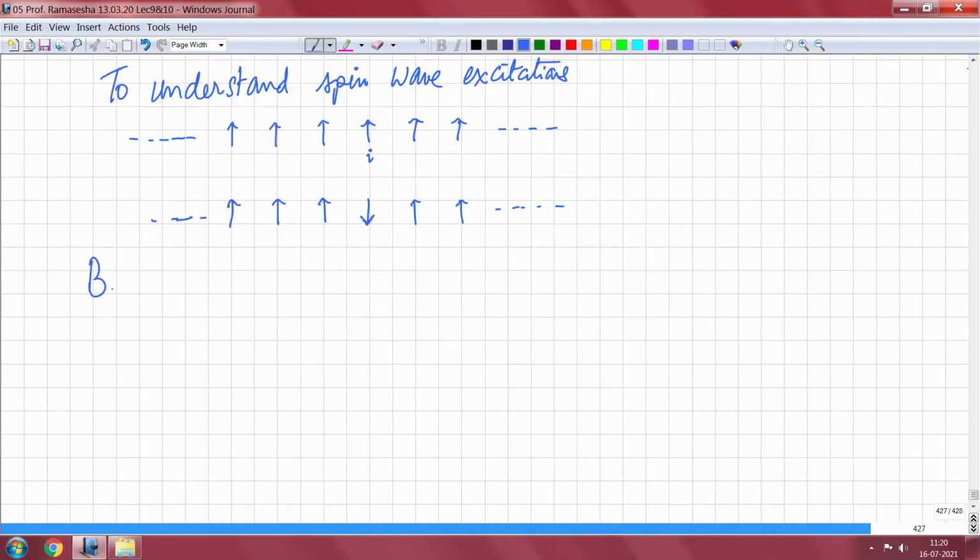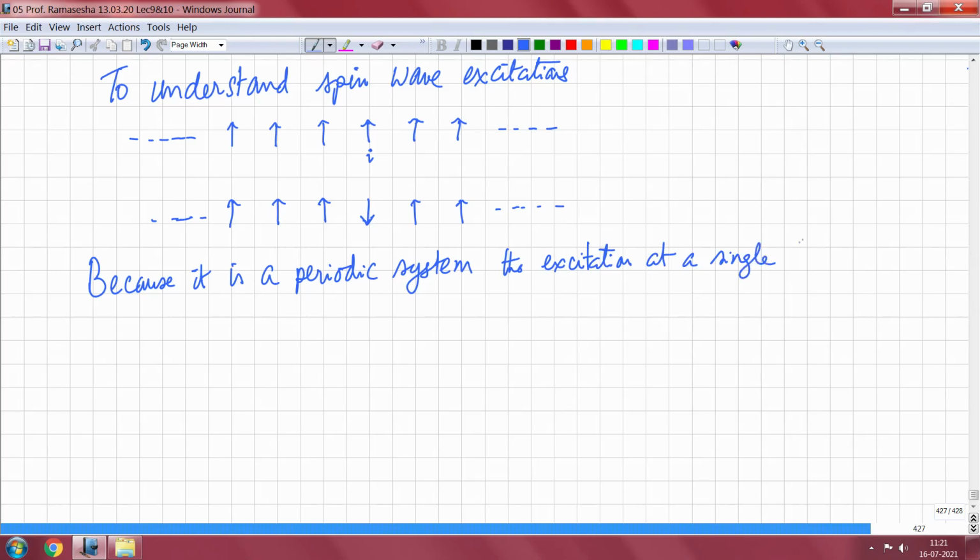Because it is a periodic system, the excitation shown above, the excitation at a single site, is not an eigenstate of the Hamiltonian.